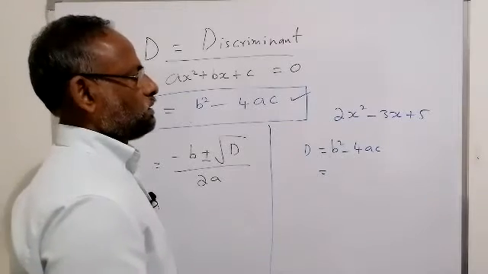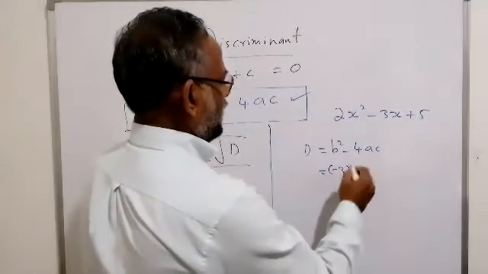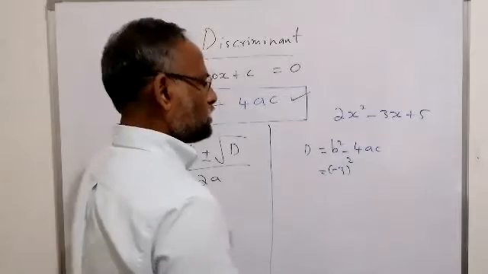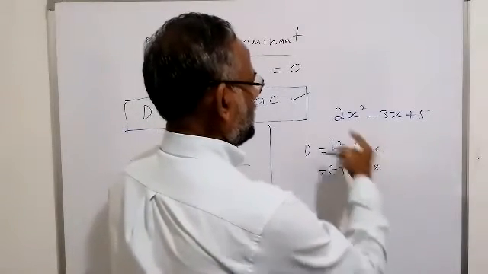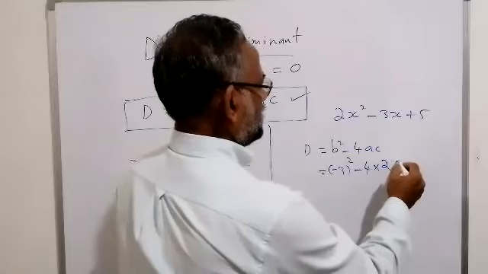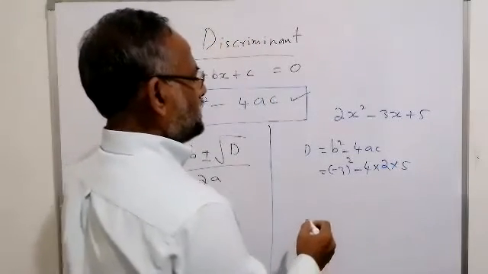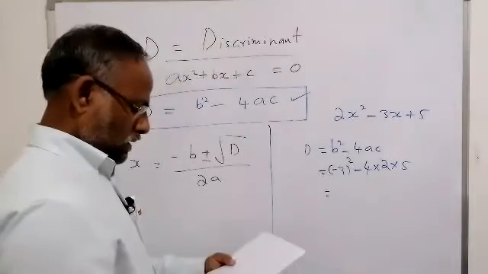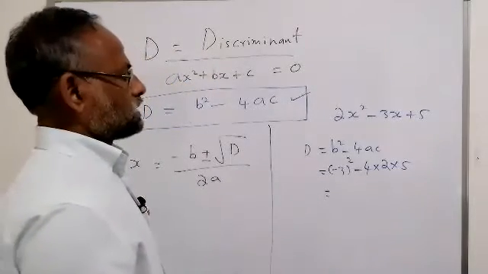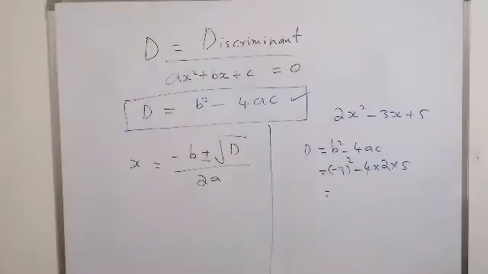What is b? Minus 3. Minus 3 square minus 4 into a is 2 into c is 5. That is b square. Look here, b square, minus 3 square. What is minus 3 square?